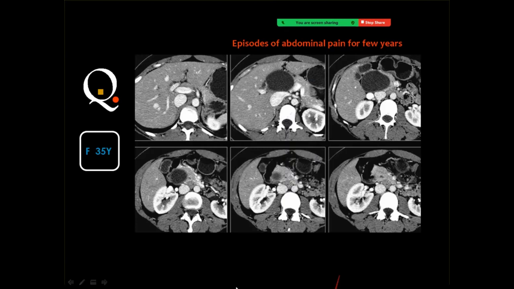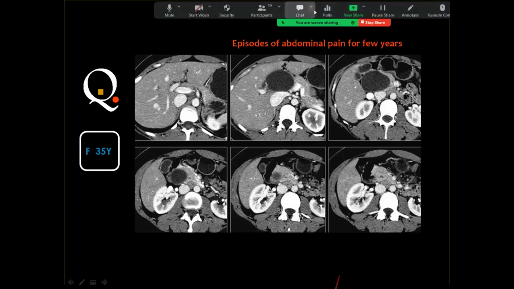Abdominal pain. Mucinous cystadenoma of the pancreas? No. This is actually the common bile duct, which is markedly dilated. If you go to the terminal end of the common bile duct, you see nothing.